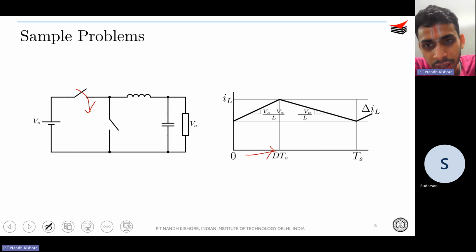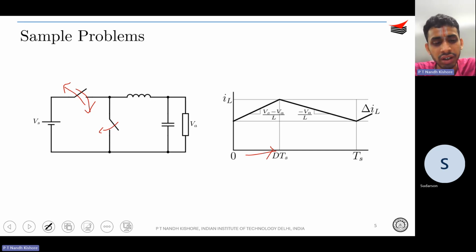During the (1 minus D) Ts period, or the D dash Ts period as we call it, the inductor is going to freewheel. That is, the diode turns on and the inductor freewheels, and the switch turns off during this period, right? So during that period, the voltage across the inductor is minus Va, that's the minus output voltage. Therefore, this is your inductor current.